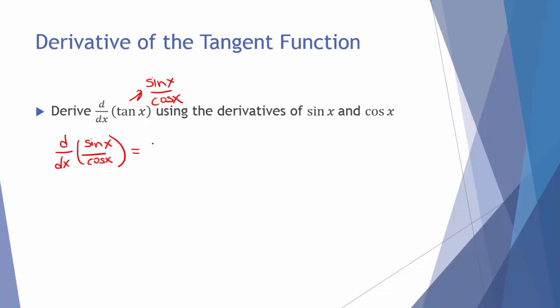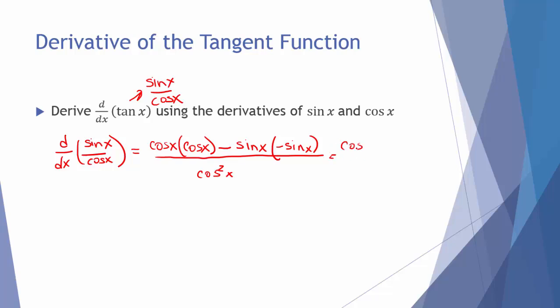To find this derivative, we need the denominator times the derivative of the numerator, and remember the derivative of sine x is cosine x, minus the numerator times the derivative of the denominator, and the derivative of cosine x is negative sine x, and that's all over the denominator squared, so cosine squared x. So in your numerator, you're going to get cosine squared x, and then that'll be plus sine squared x, all over cosine squared x.